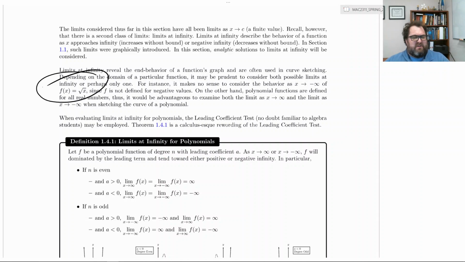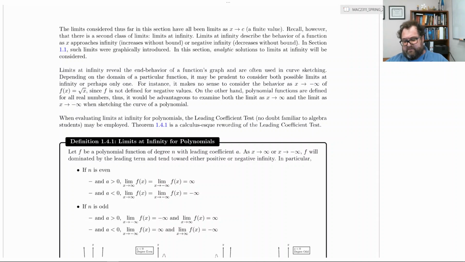It's not defined for negative numbers, so it makes no sense to talk about the limit as x goes to negative infinity. So for all functions, we'll have to just play it by case. But most functions will have a reason to evaluate both limits.